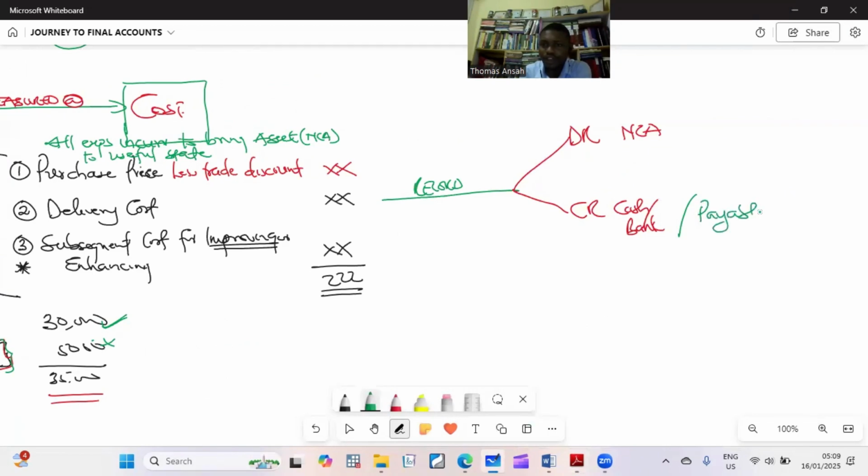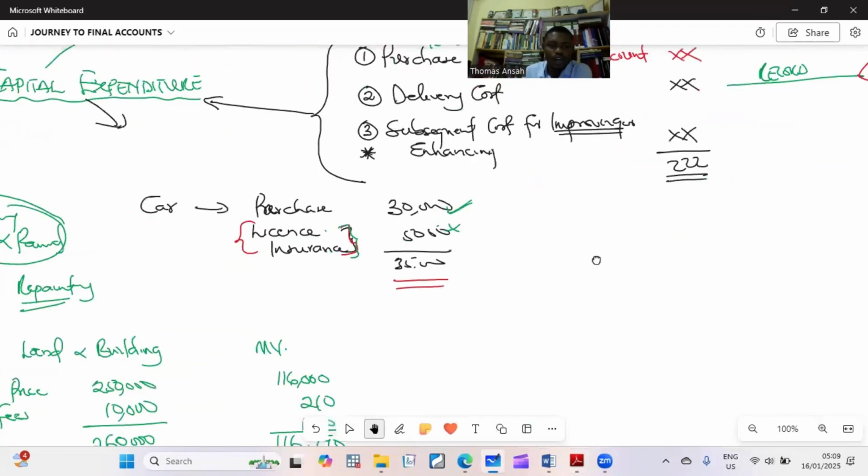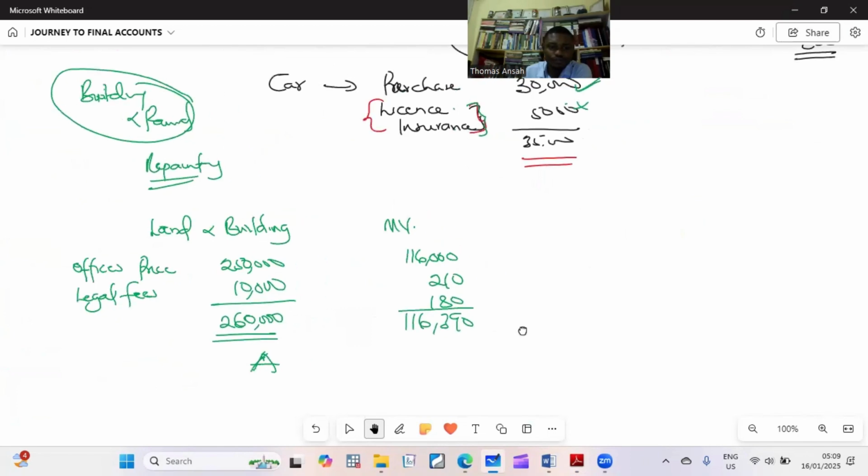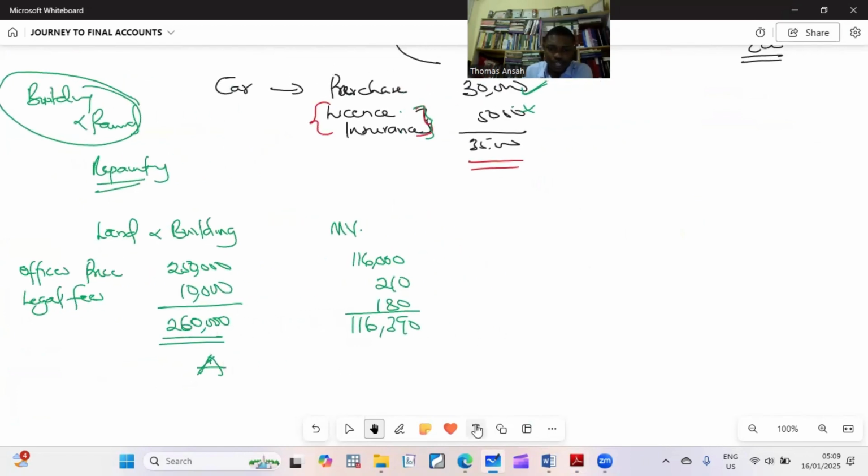And if it is on credit, then it means you have to use a general journal. Or if you are preparing an account, you have to have the asset and the person you bought on credit from as your payable. So basically, that is that. So with this one, for example, this asset, we will open the asset account. Our asset is land and building, and motor vehicle account.